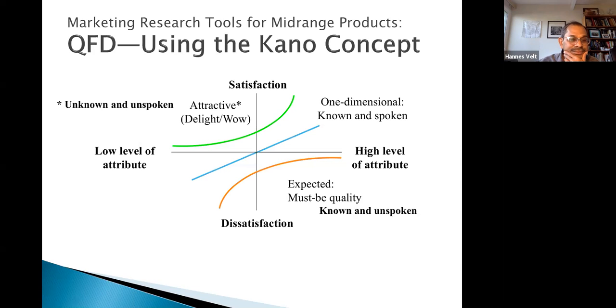So, if you've understood this, can you give me some more recent, contemporary examples of companies that might have launched things that illustrate the wow factor or the green line? I would like you to offer some examples of your own.